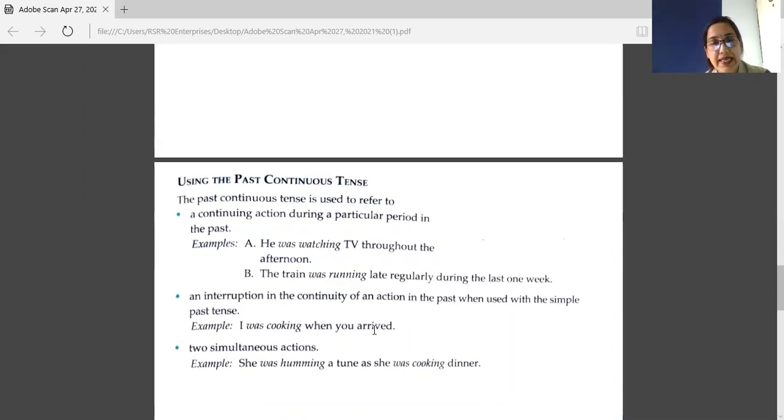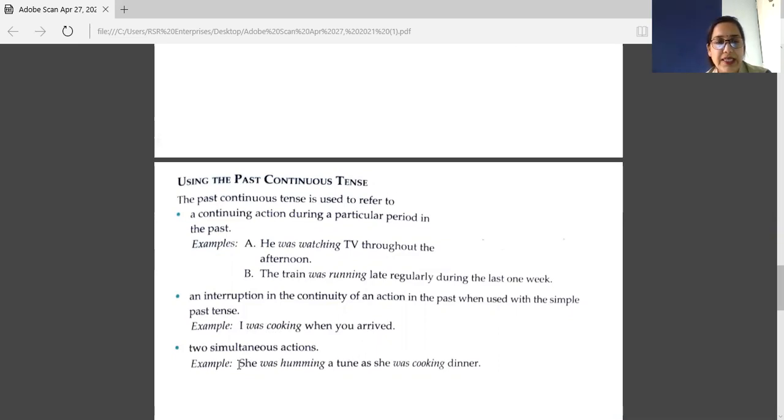So arrived, second form of arrive. So this is simple past. So at this past time, what was going on was cooking. So here we'll use past continuous, and in the next action or verb, we'll use simple past tense. So the action which was in continuation at that time, you have to use past continuous tense. So we have I was cooking when you arrived.